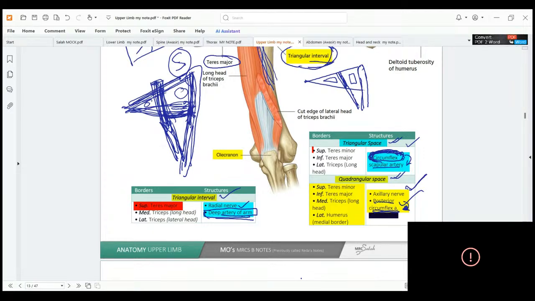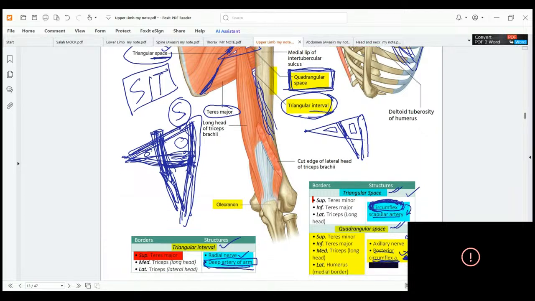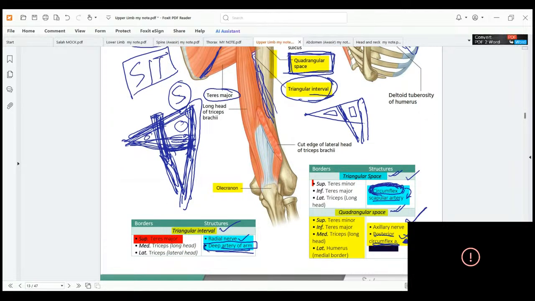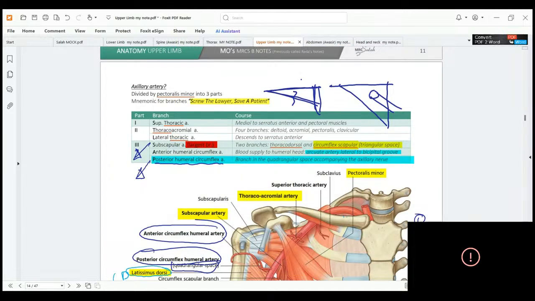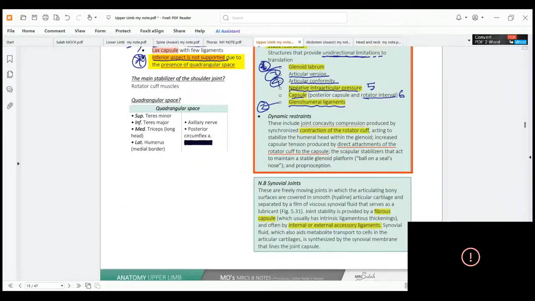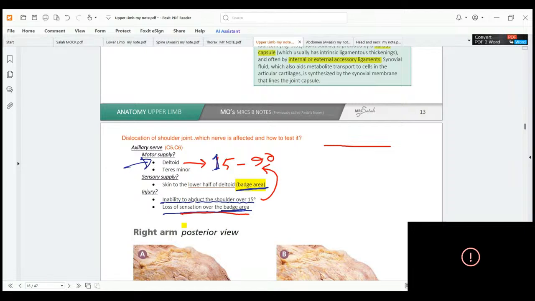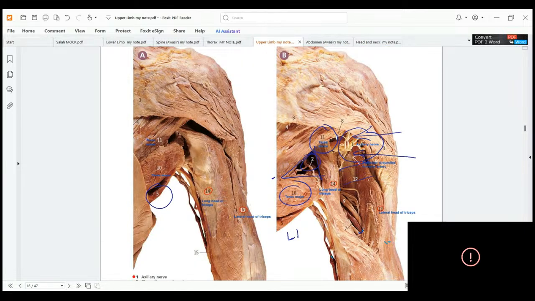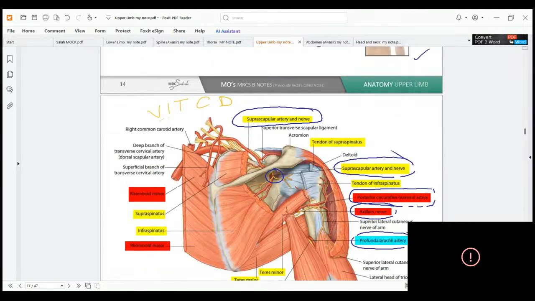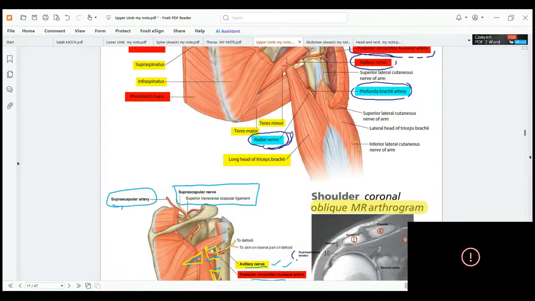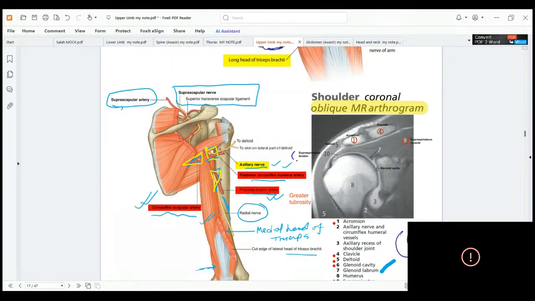I said femoris before, it is not femoris, it should be profunda brachii. So this is the triangular space, quadrangular space, and triangular interval. Profunda brachii artery and radial nerve.